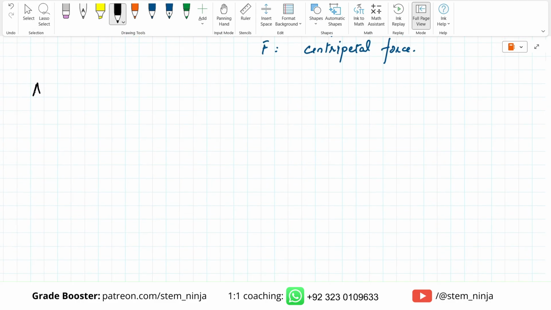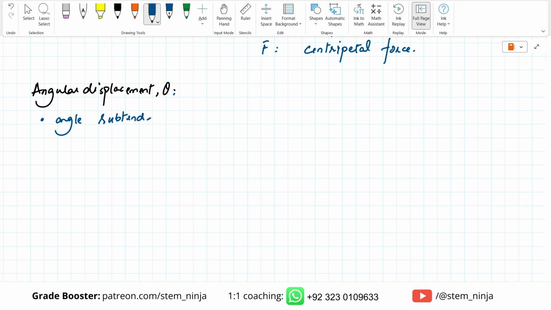Now, angular displacement. There are multiple different definitions for this. The easiest one to remember is that this is the angle subtended at the center by an arc.